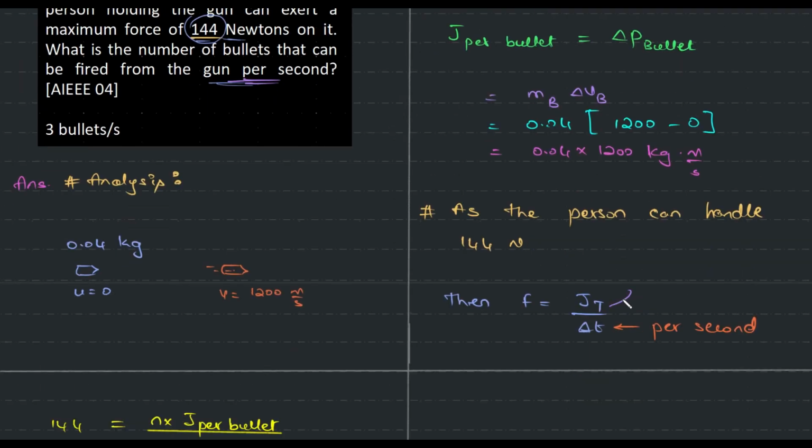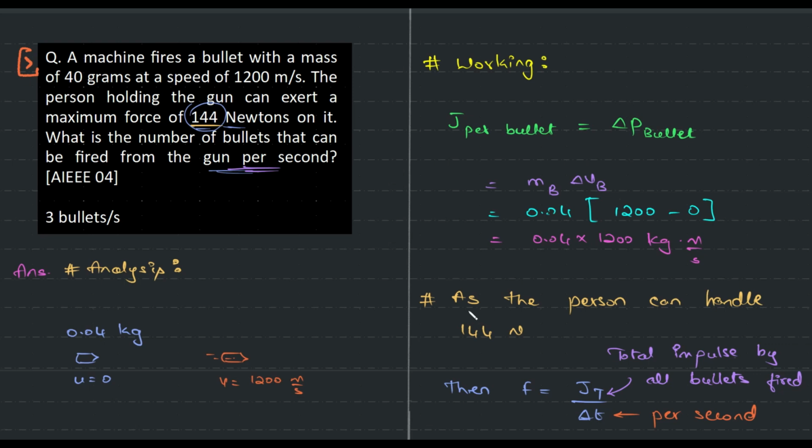So this is the total impulse by all the bullets fired, and this is delta T per second.